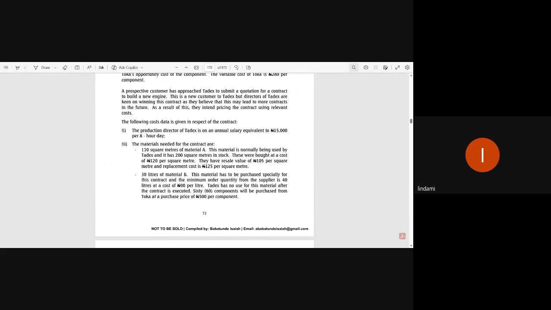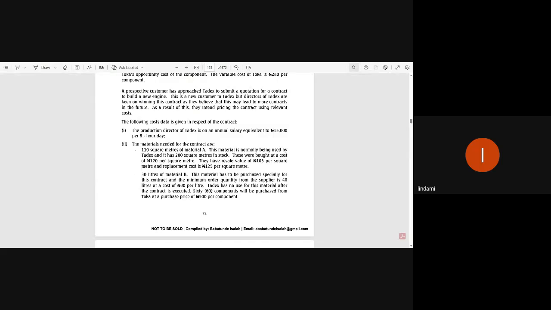These were bought at a cost of 120 naira per square meter. They have a resale value of 105 naira per square meter, and the replacement cost is 125 naira per square meter.